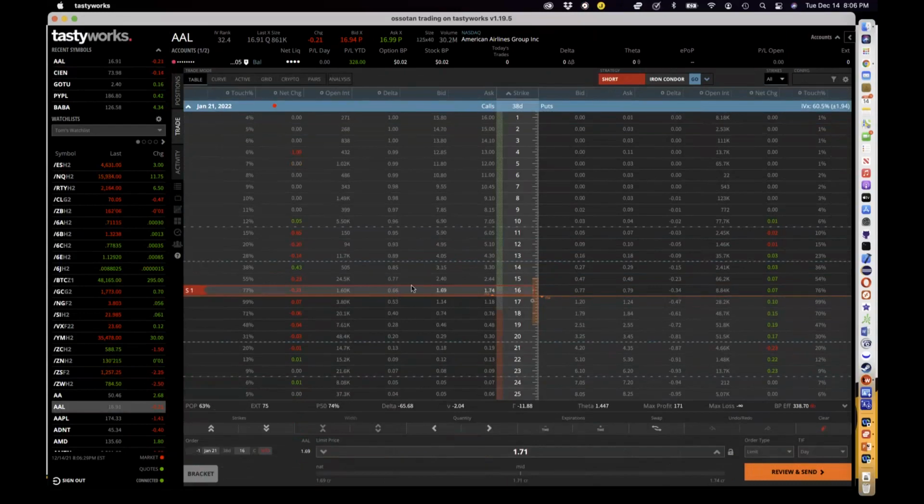That means this contract only controls 66 shares of American Airlines. Not 100. So that is a misunderstanding, a misconception. But if I go to this contract where delta is 1, these first 3 contracts, I truly control 100 shares of the underlying. Okay, so that's what the delta tells you.